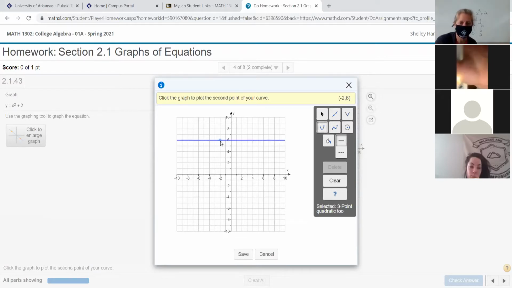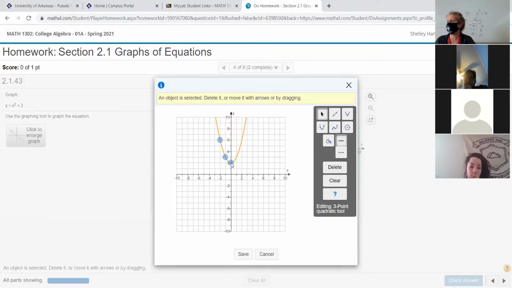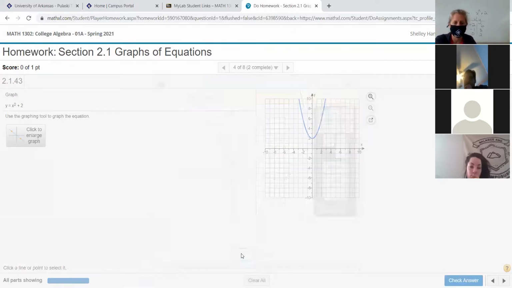Hit a point. -1, 3 is my next point. So -1, 3. Hit another point, and my last point is at 0, 2. Oh, plotted it real fast. I hope that's where I was. Save it. Check it.